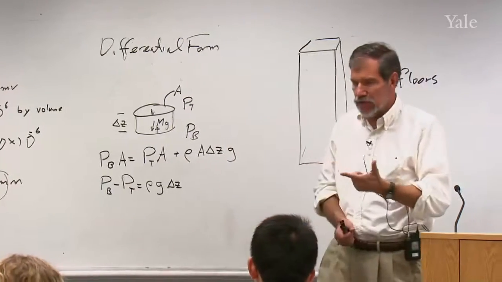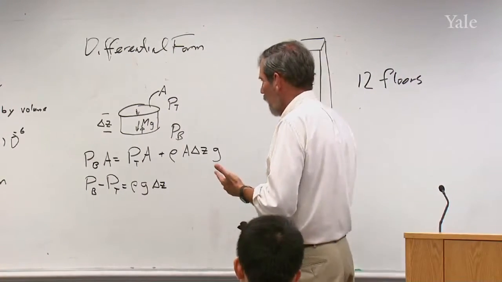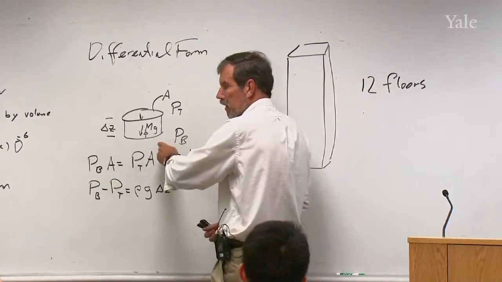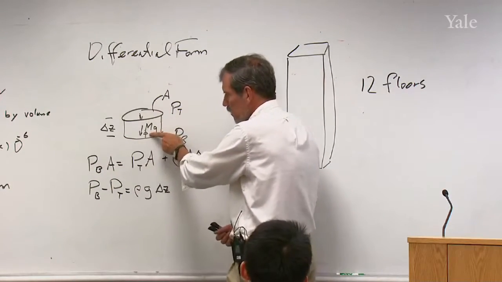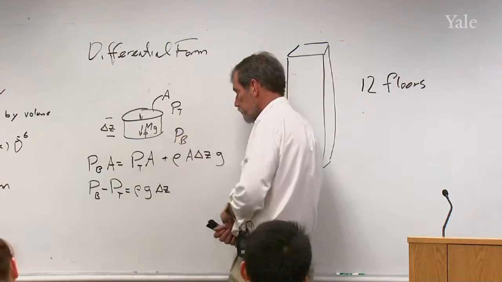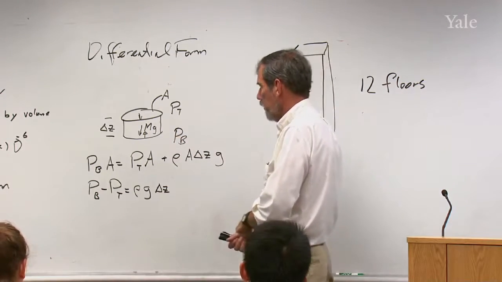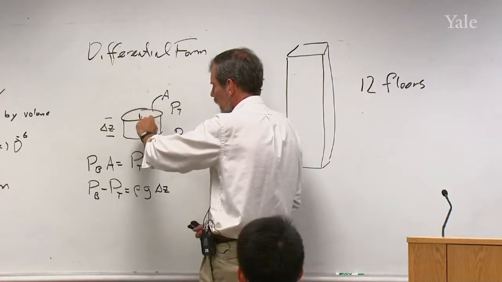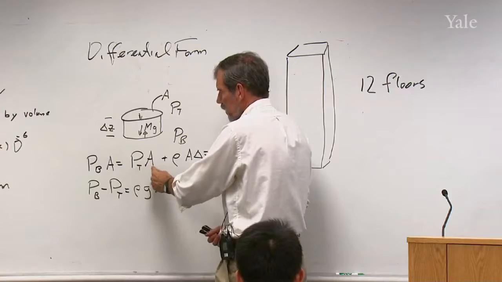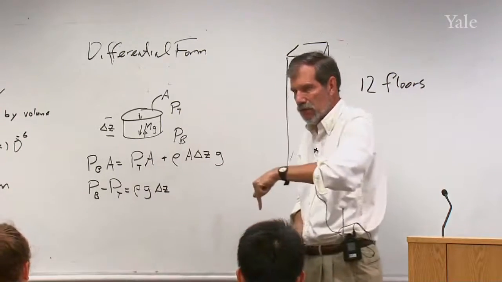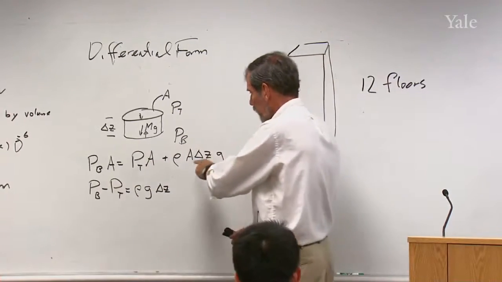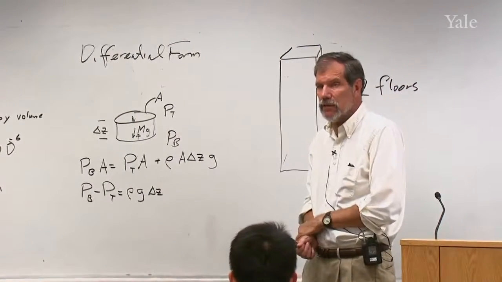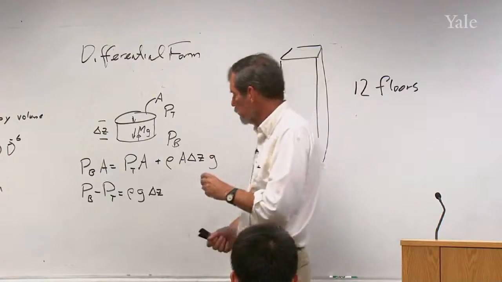So now there are three forces acting on this thing. There's the pressure at the bottom acting on area A, pushing up, and that's the little vector I've drawn in there. There's a pressure at the top acting over the same area A, so it's P top times A. That's a vector pointing down. And there's another down vector, and that's the weight of the mass in that chunk.